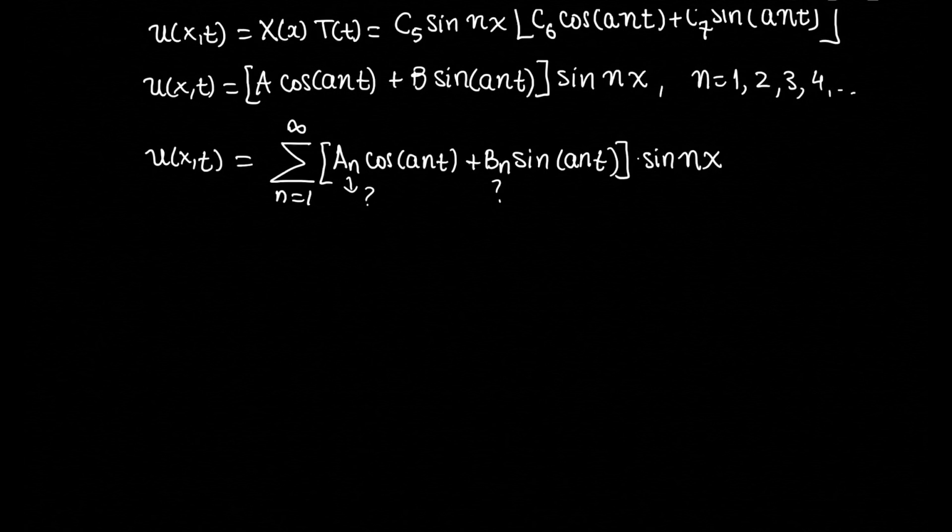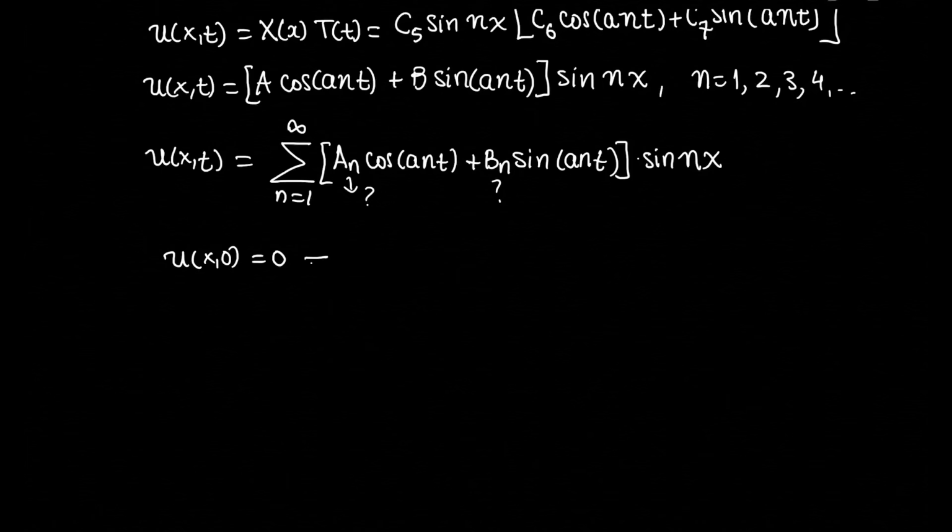I go back to the initial conditions to find the constants an and bn. One of the initial conditions given in the problem is that when time equals 0, the vertical displacement is 0. Here u is the vertical displacement, if I haven't mentioned it yet.